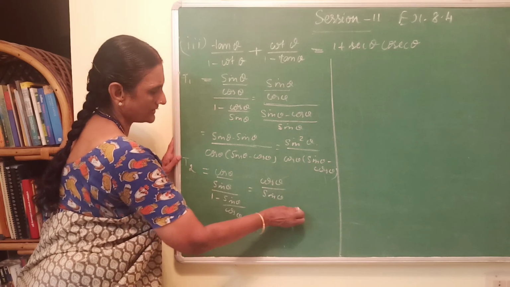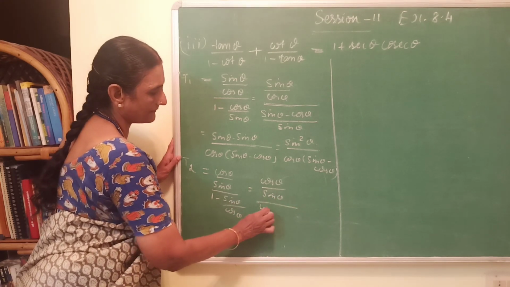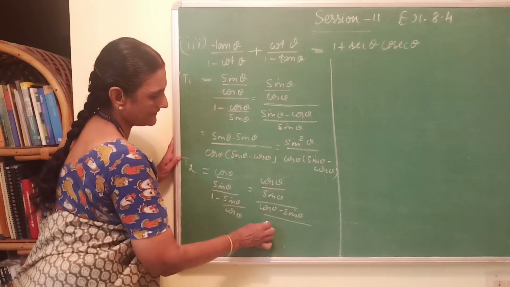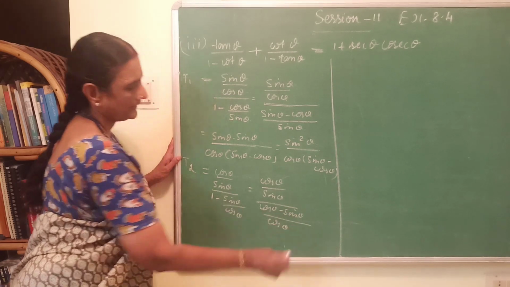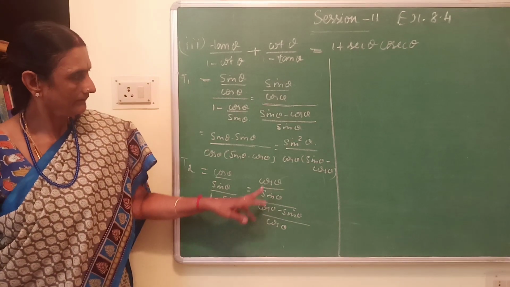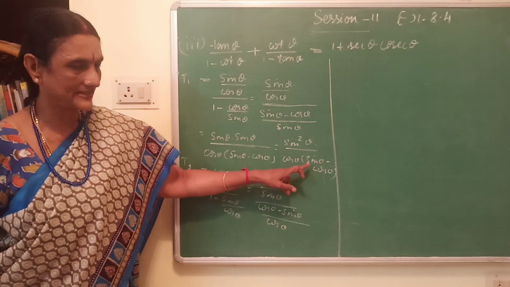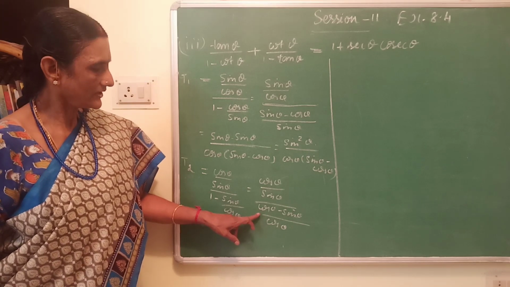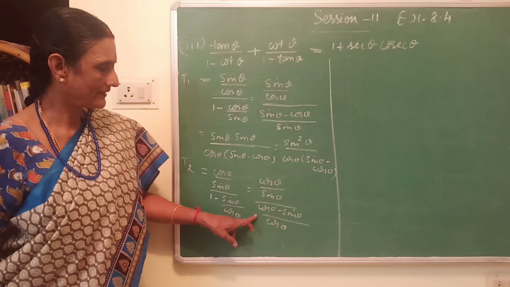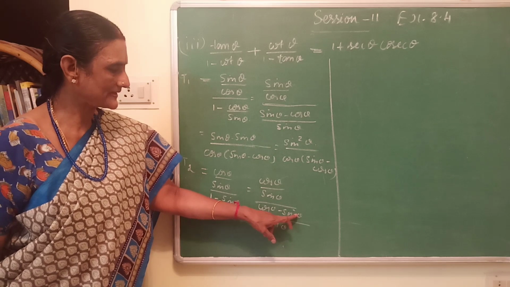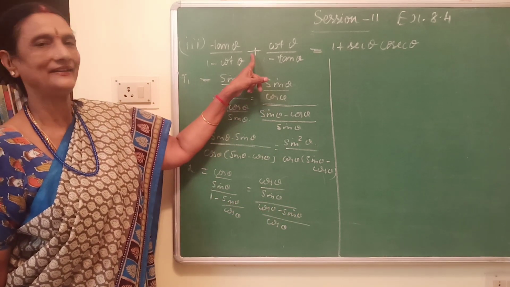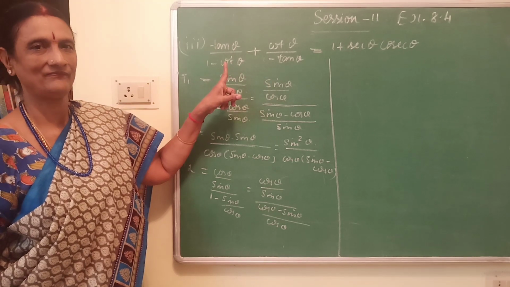So I have got cos theta minus sin theta divided by cos theta. Now here, in order to get the same term, I have to take out the negative sign. So if I take a negative sign, what will happen? This will become sin theta minus cos theta, and here while combining, this plus will become negative.